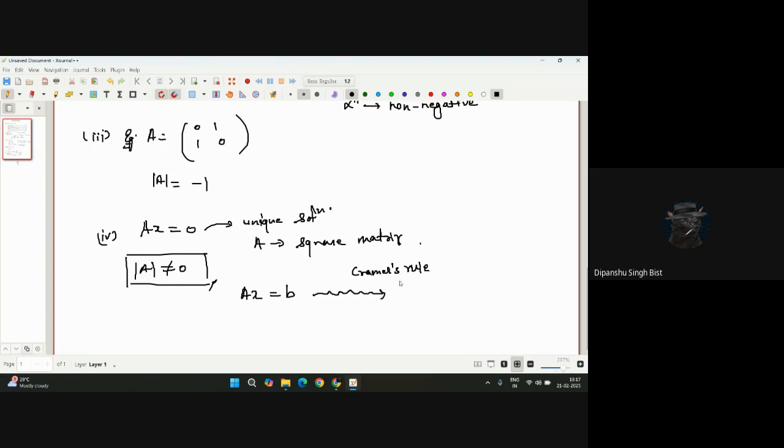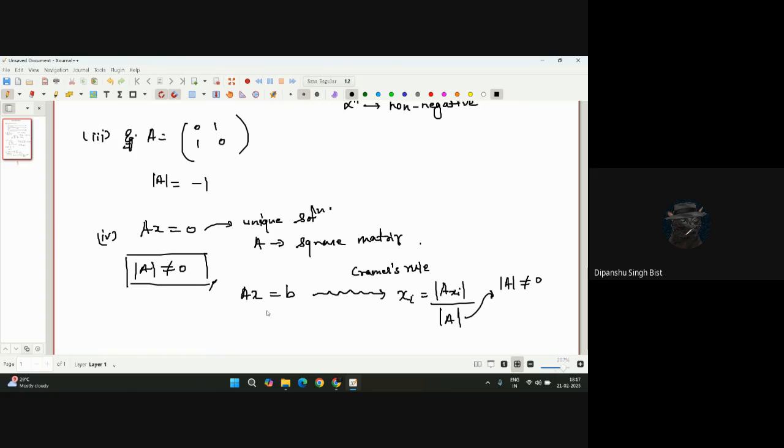You need not go into this detail, but still if you want, you might have seen that xi is equal to determinant of Axi divided by determinant of A, correct? So this entity could be evaluated only if the determinant of A is non-zero. So to evaluate a unique value for xi, the determinant of A must be a non-zero entity. So from here also you can reach this conclusion.